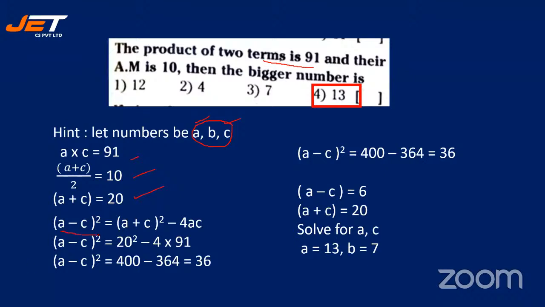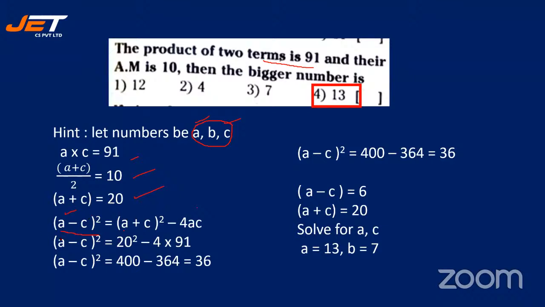So we can use a formula: (A minus C) the whole square. What is (A minus C) the whole square? A square plus C square minus 2AC. You have minus 2AC and you have plus 2AC, so minus 4AC. This will give you (A minus C) the whole square.